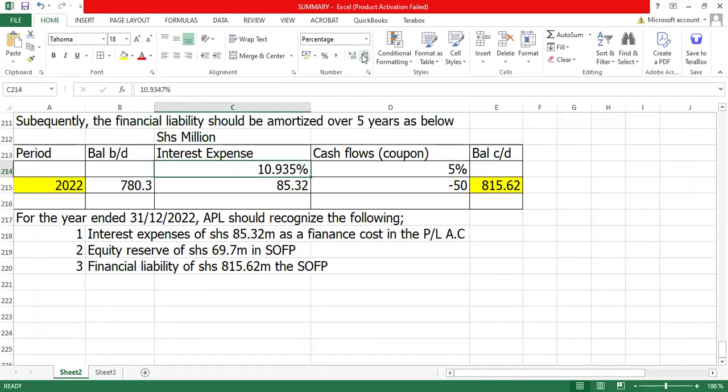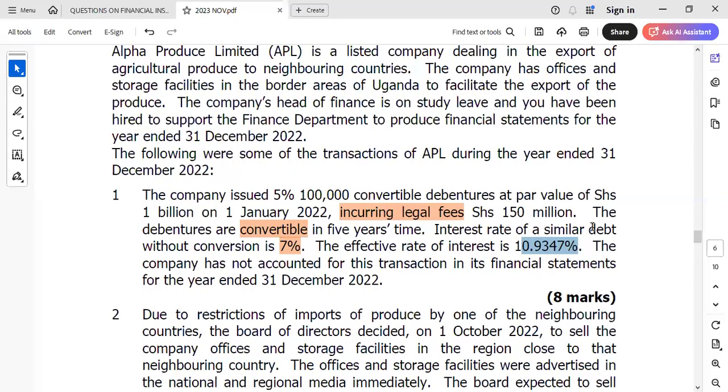But that's what we have. You use the effective interest rate, not the rate of a similar debt without conversion. This 7% helps you to get the financial liability at the start.